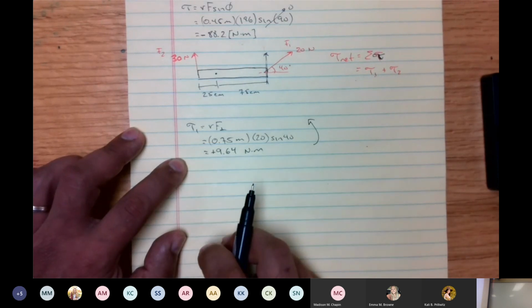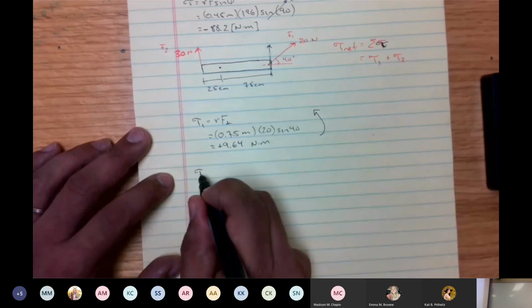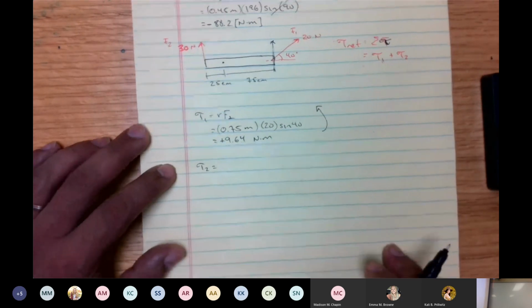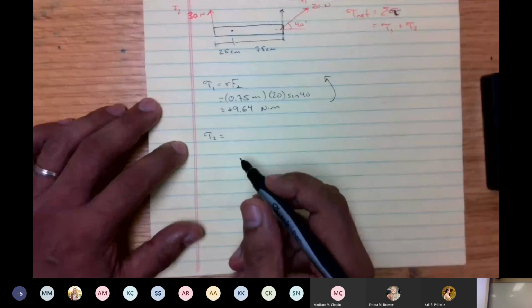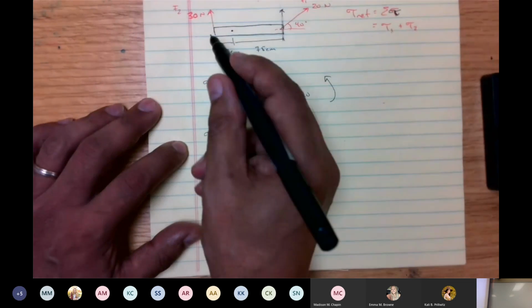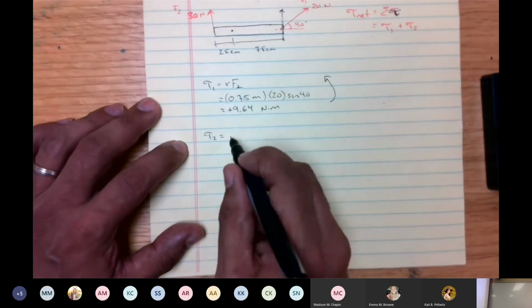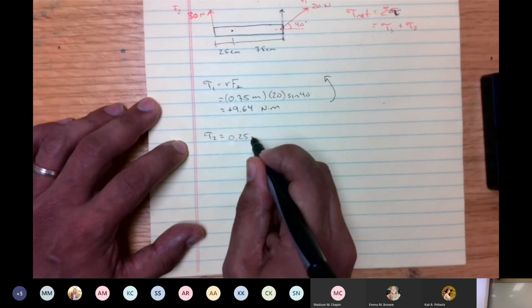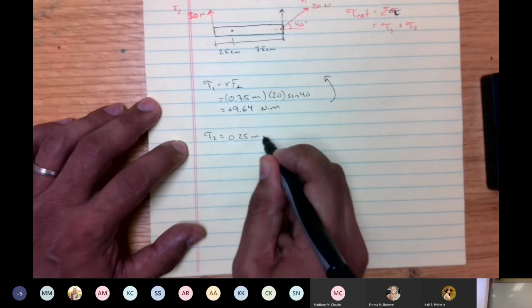For tau 2, I'm going to look at F2, so that will be 0.25 meters times 30 newtons.